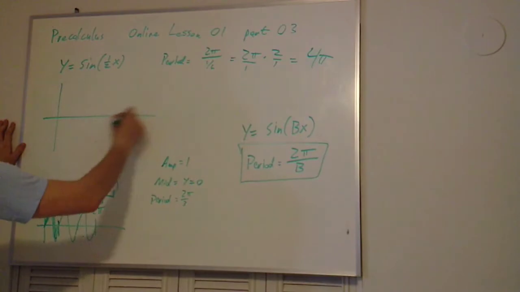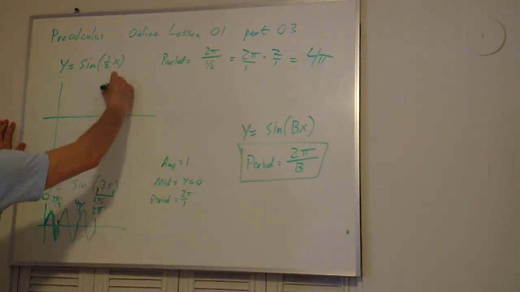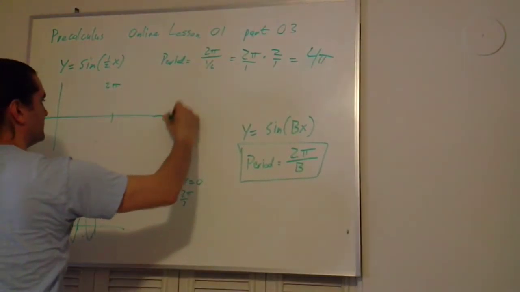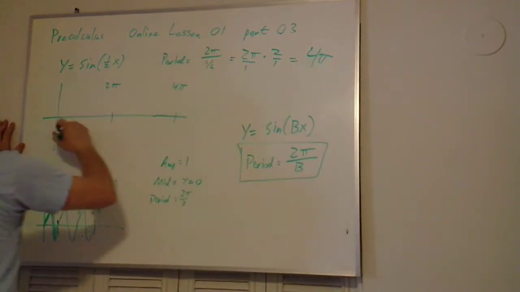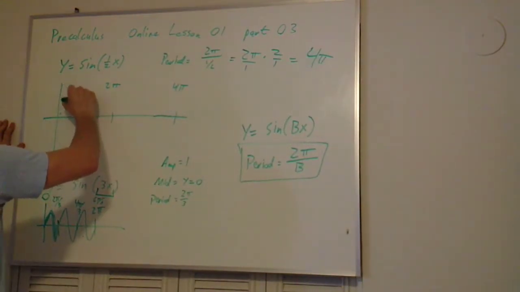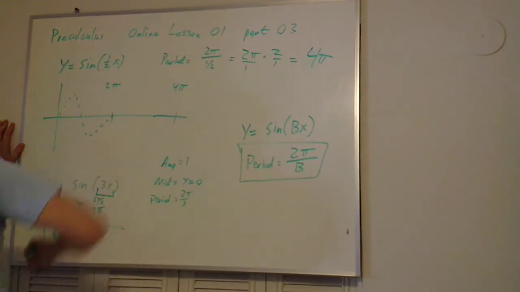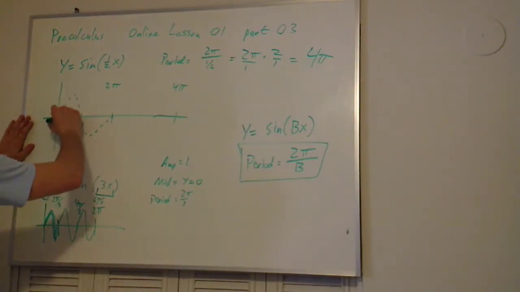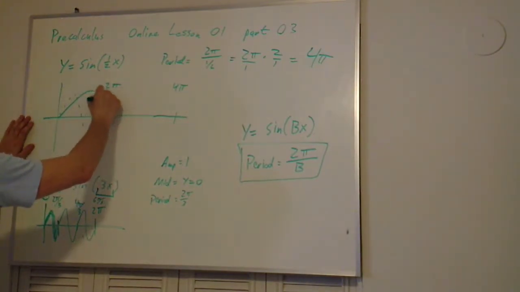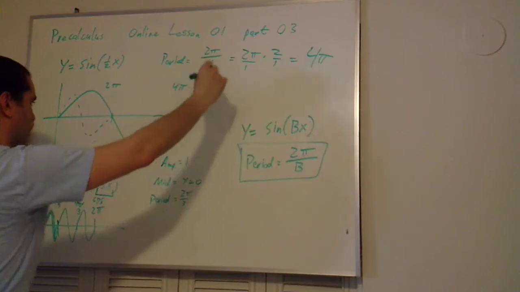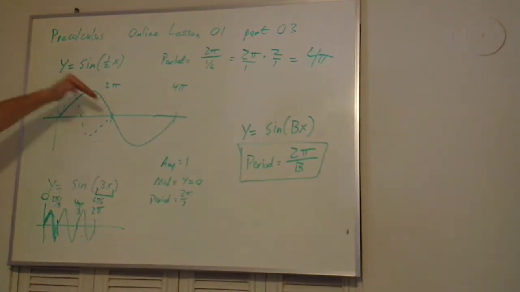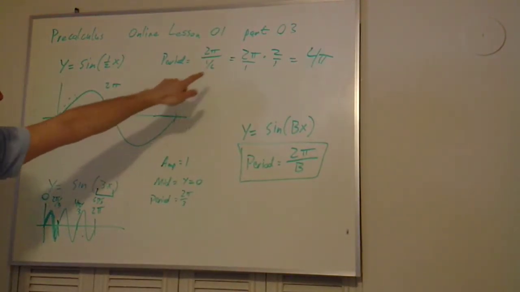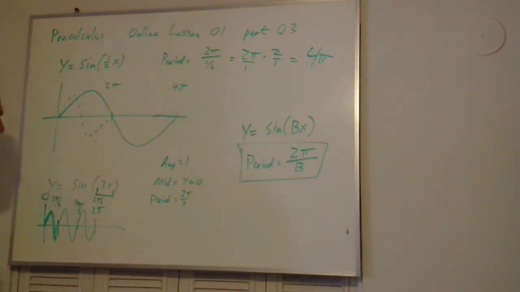So there's 2 pi, here's 4 pi. A standard sine function is going to go up and down and back up in 2 pi. This is the default. Our function is going to go up and down and back up. It completes one period in 4 pi horizontal units.